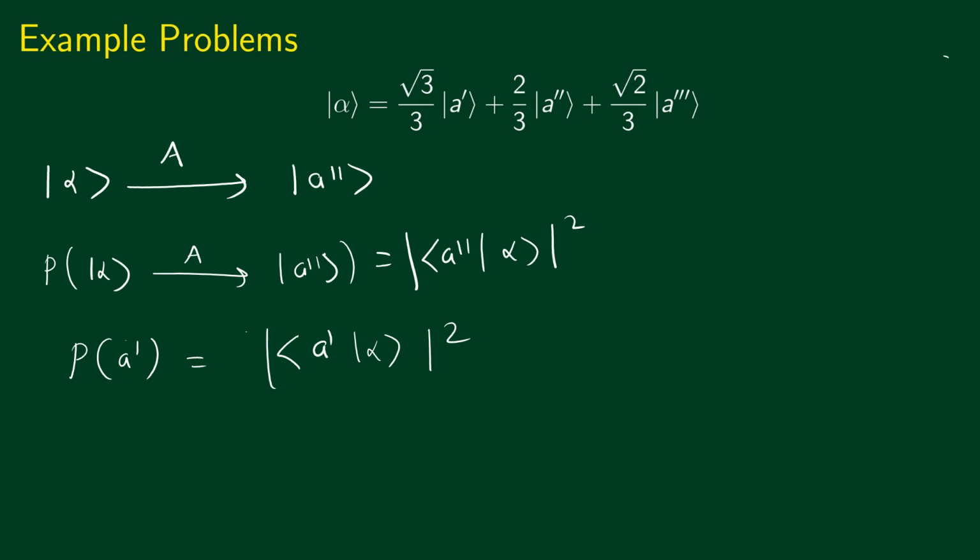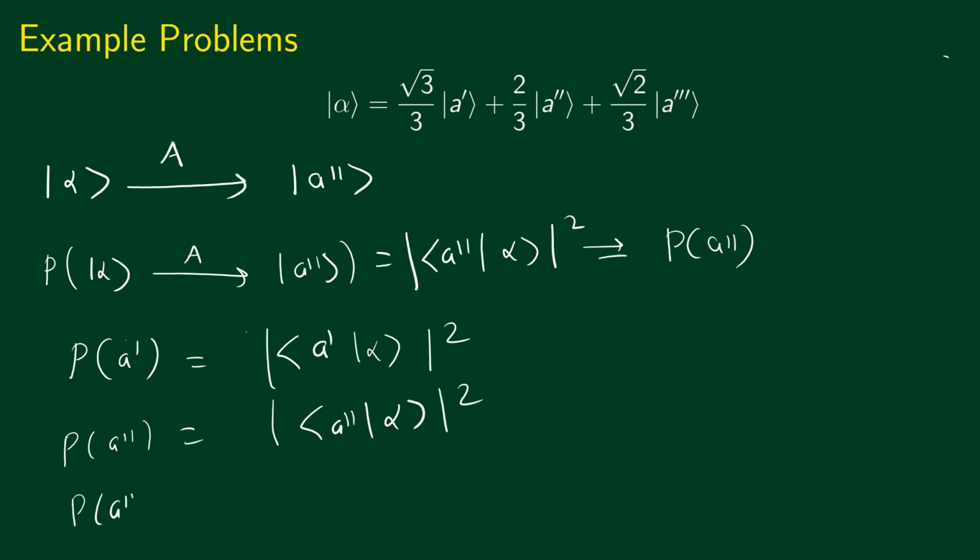So this is also the probability of obtaining an eigenvalue A double prime as a result of my measurement. Similarly, P of A double prime is equal to modulus of bra A double prime ket alpha squared, that's what we calculated here, and P of A triple prime is equal to modulus square of this number.